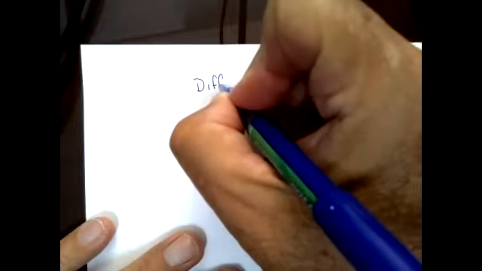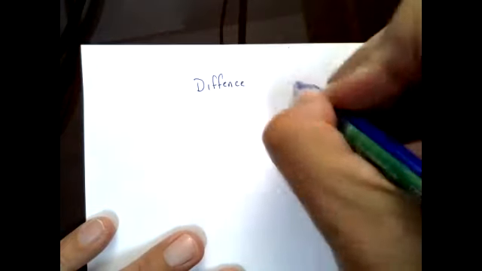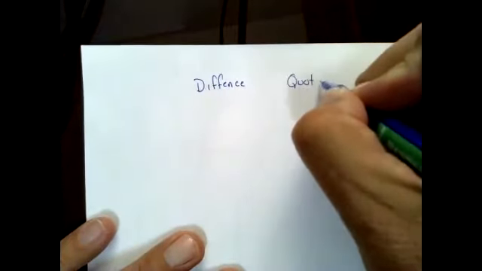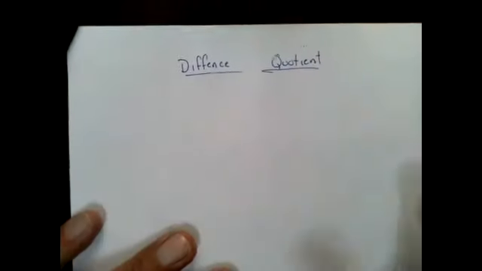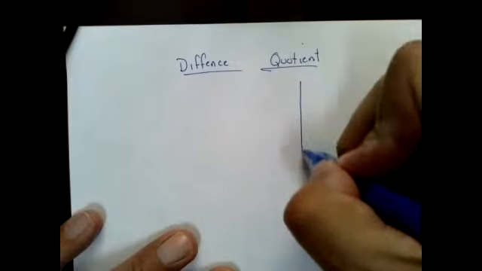What was the hardest thing you remember about chapter 2? It's 2 words. The difference quotient. We'll make sure you're ready for this on the test for chapter 2.